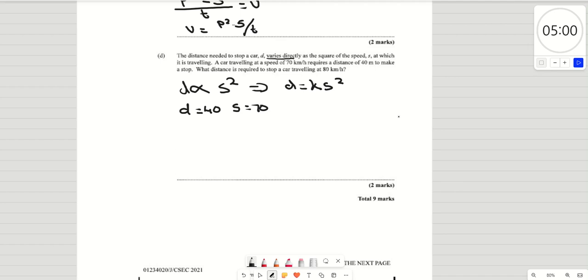So we're going to say 40 is equal to k by 70 squared. That is 40 is equal to k multiplied by 70 by 70. Well, 70 squared is 4,900.